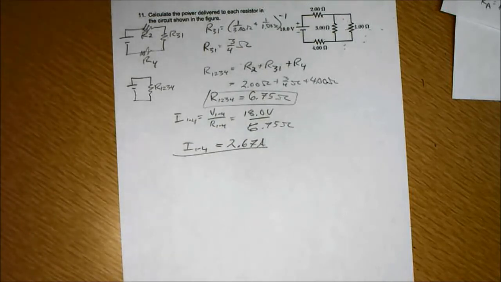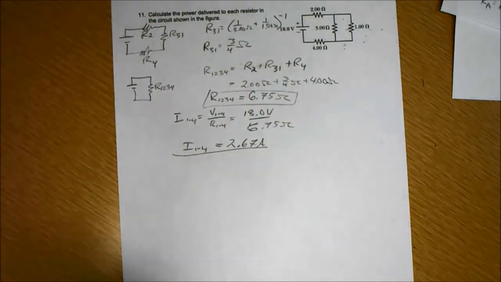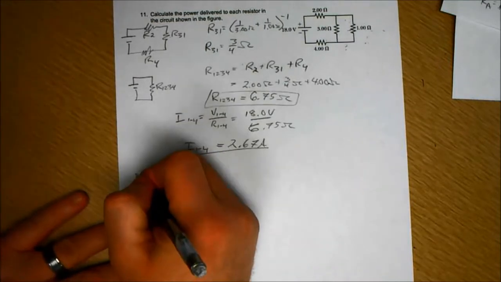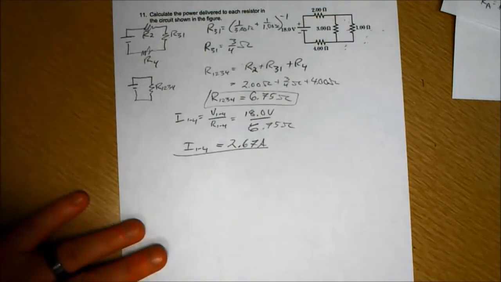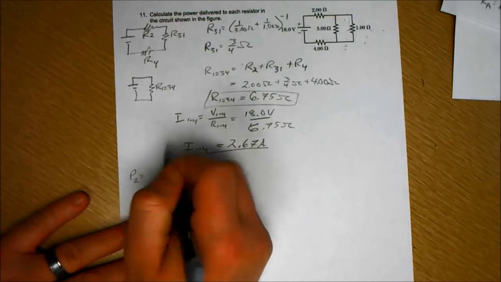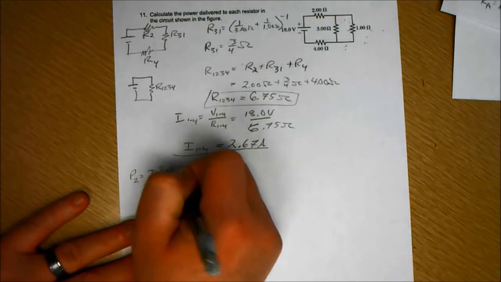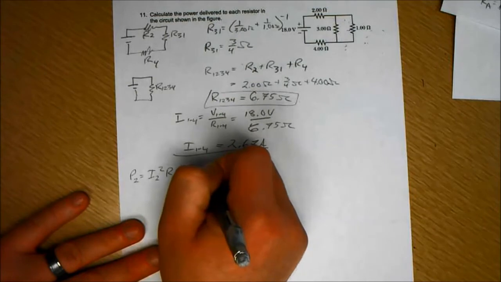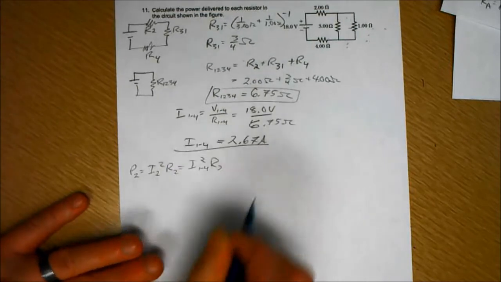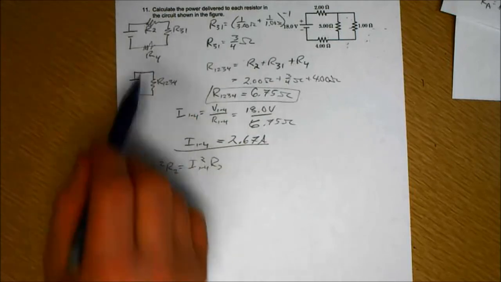So then we know that's the current through R2 and R4, so we can immediately find the power through R2, because that's just I2 squared R2, or I1 through 4 squared R2, because remember the current through the whole circuit is the same as the current through each resistor in series.